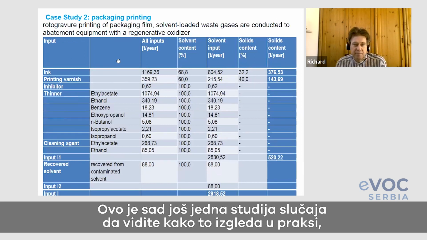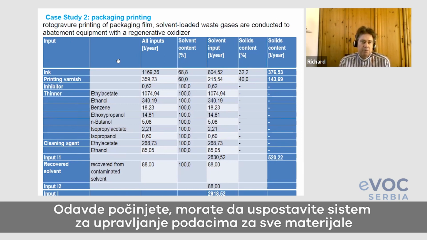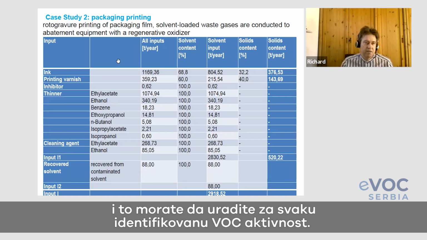Here's another study so that you get a better picture of how it works in practice. It's a packaging printing unit. And so that is what you start. You must establish a data system for all the applied materials that you use for that printing process, for that printing activity is the right wording. And you must do it for each identified VOC activity.